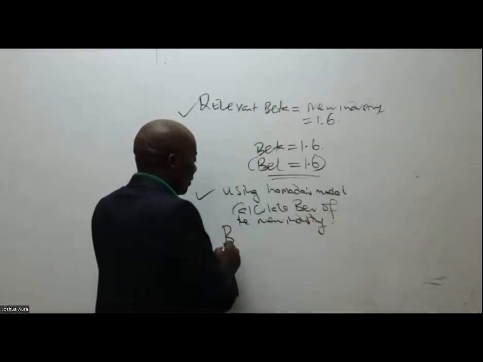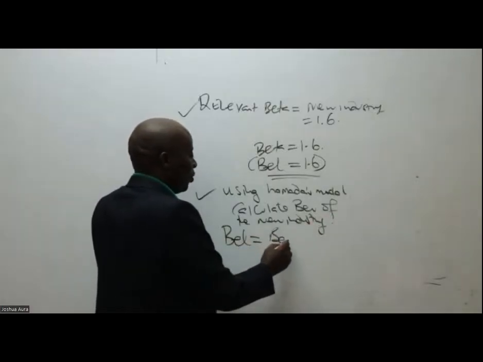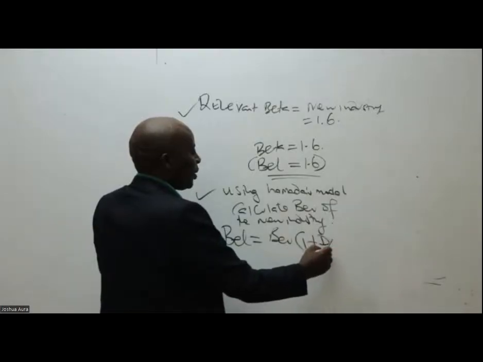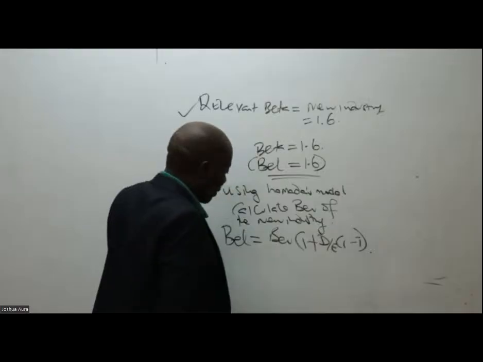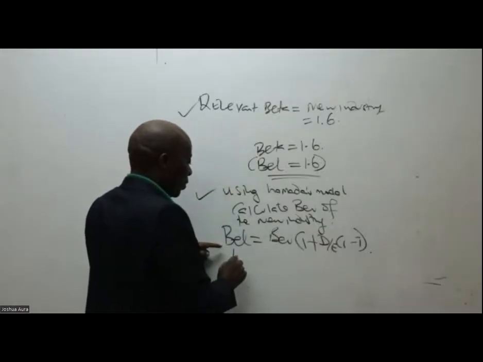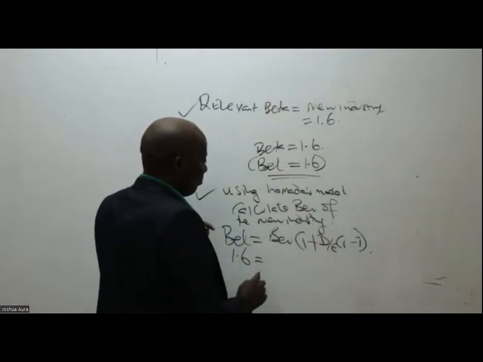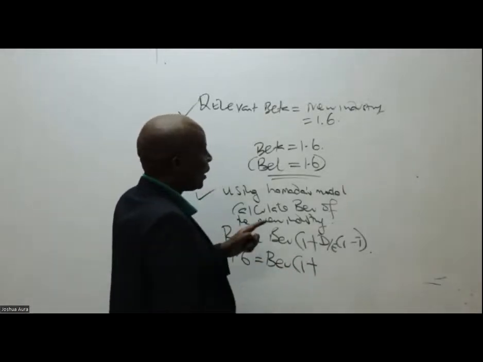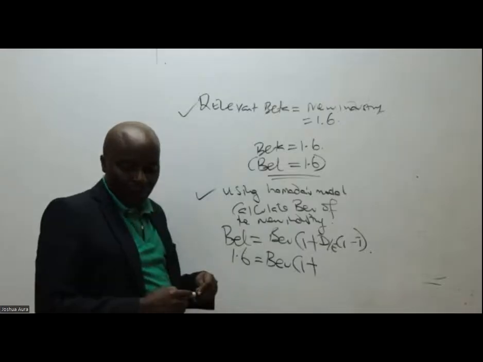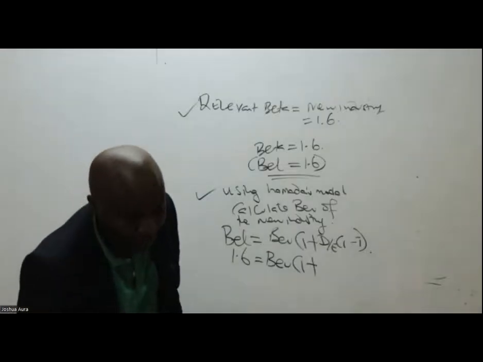So Hamada, we know it's BEL equals BEU into 1 plus debt over equity into 1 minus tax. So BEL has been given as 1.6 equals BEU, that we don't know, into 1 plus debt over equity. Has the examiner given me debt over equity of the new industry?